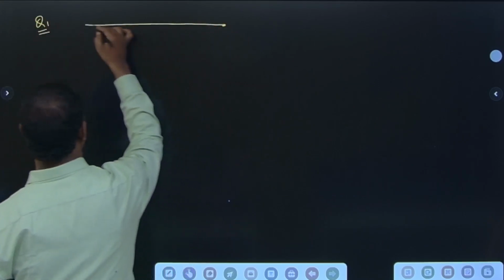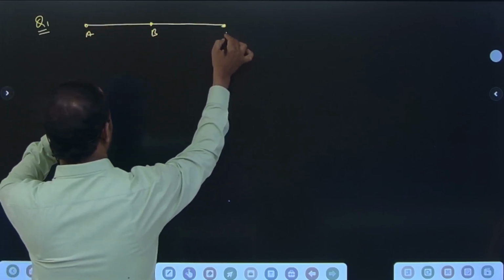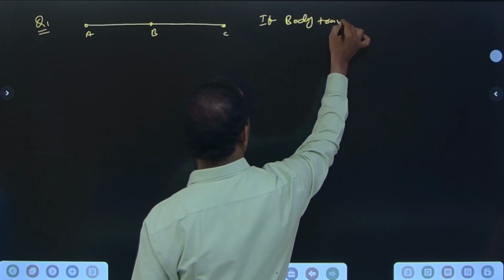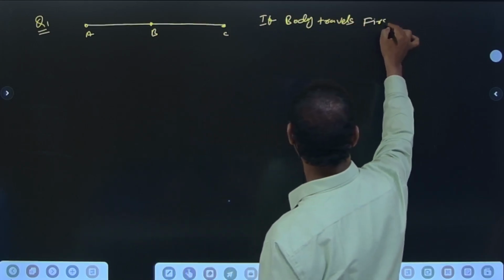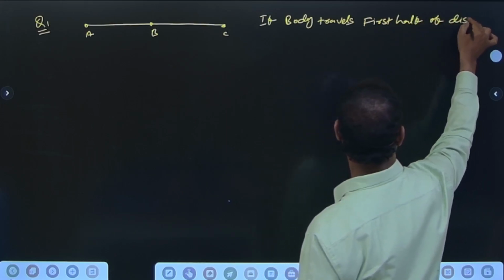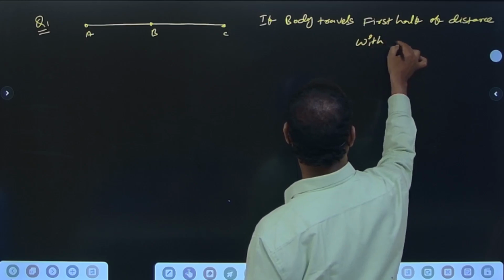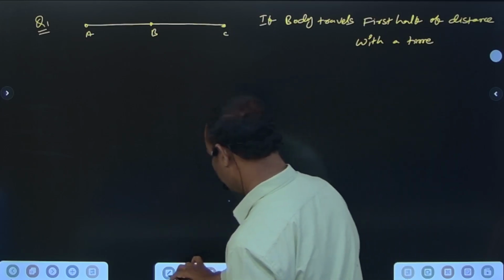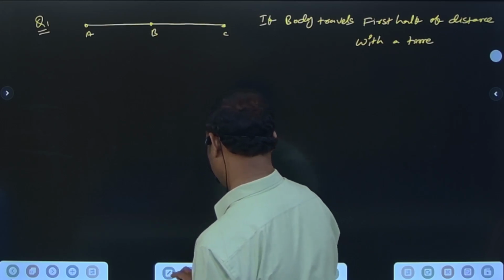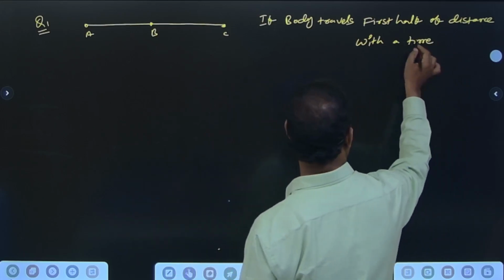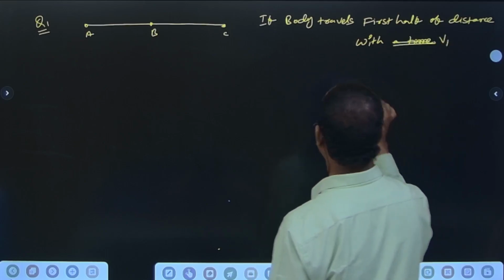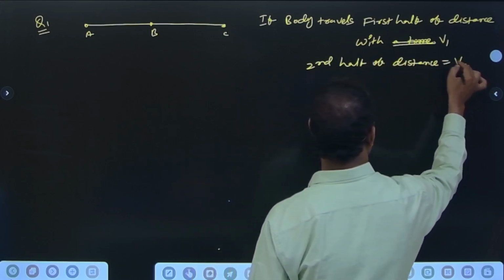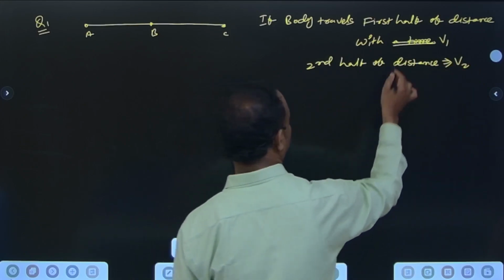For example, this is a distance, A and B, next one C. If a body travels the first half of distance with a velocity v1, and the second half of distance with a velocity v2.